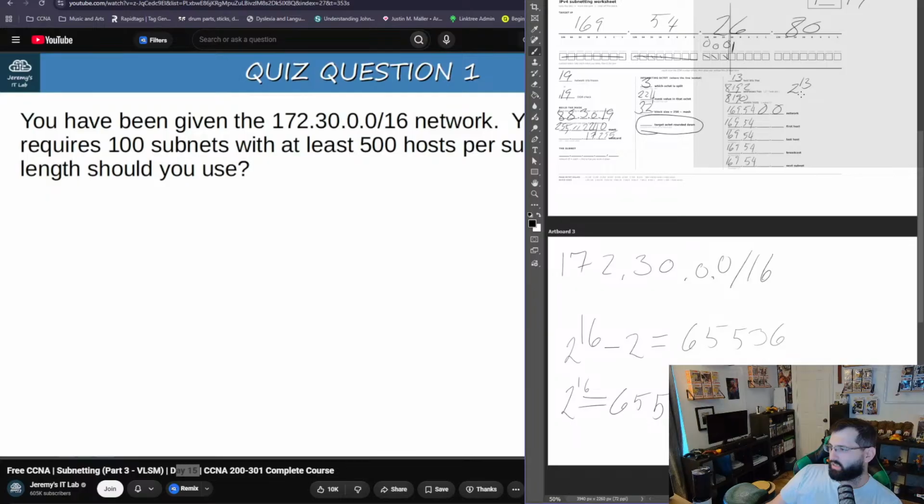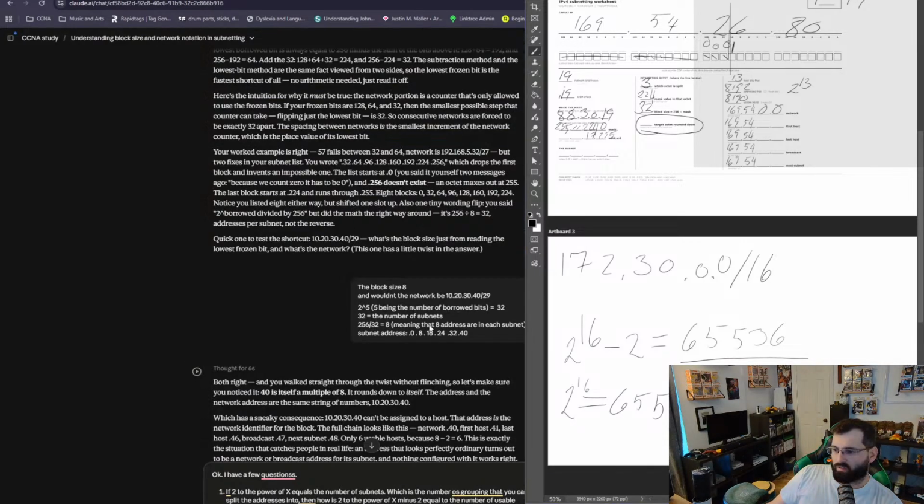So then what we need to do is divide this number by 256. Yes, 256 divided by the block size. Which is this... No, we want this one.